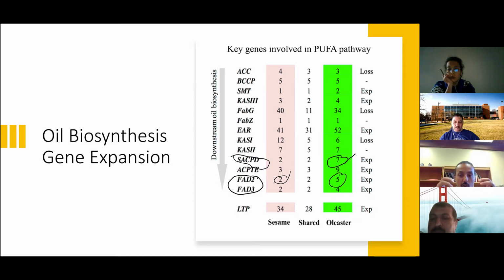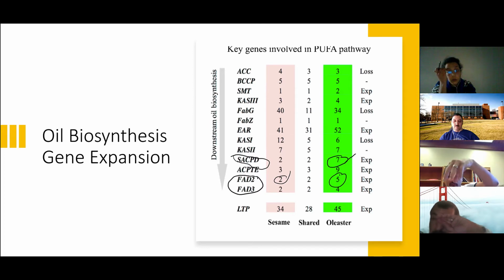Imagine if you have 7 members of your family bringing food to the table. So you have accumulation of oleic acid, but then you have a lot of people coming to eat, which is the FAD2.